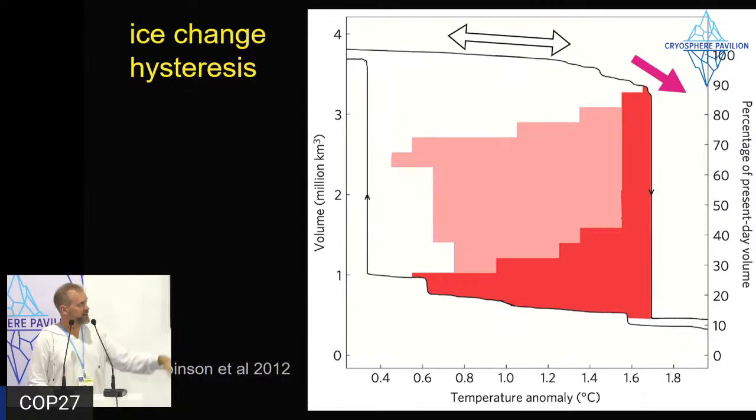And then the system collapses. Volume is dropped, you can see, by a factor of 4-ish. These are results after Alex Robinson and others' work demonstrating this so-called hysteresis, this irreversibility. What is the threshold for Greenland's melting?